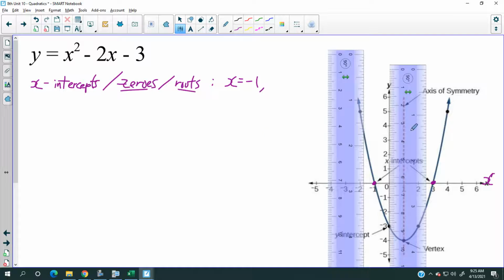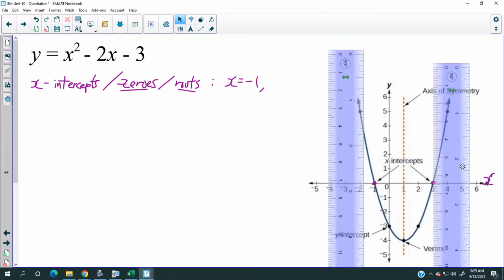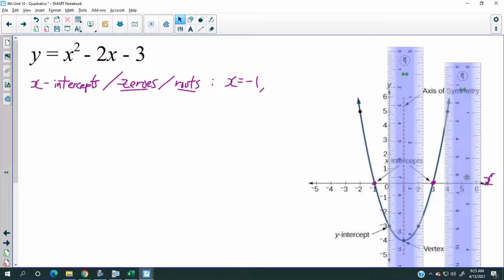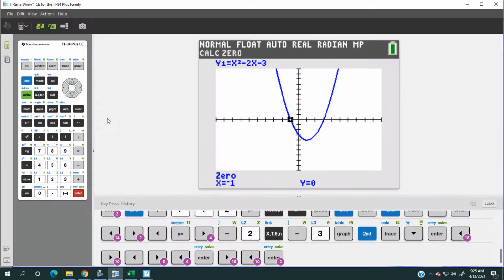Now, let's shift the focus to the right side, and we're going to do the same thing for the root, the zero, or the x-intercept on the right side. That's why I wrote a comma there. Now, let's do that again.